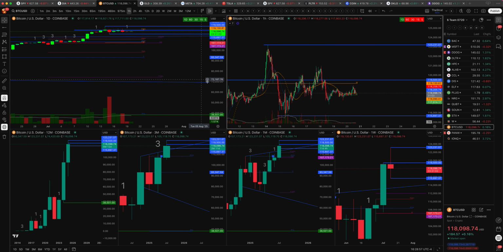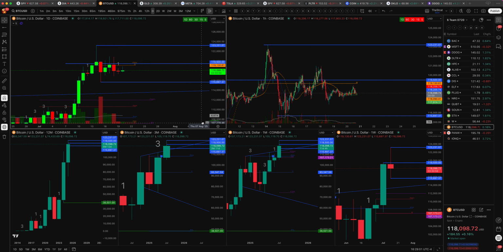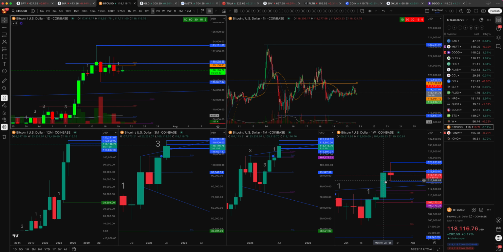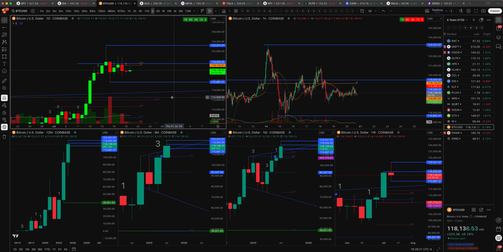To the downside, you really start getting into trouble if you start breaking this level down here, 115.6, which would be the low of the week, right? Then it really starts to go two up in red, failing. Well, you'd have a weekly reversal. Yeah, top to down reversal on the week if it breaks down that level.